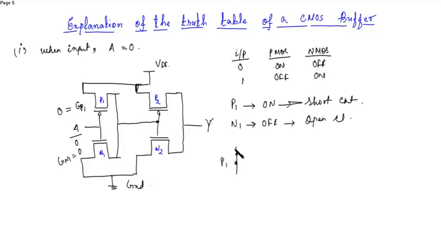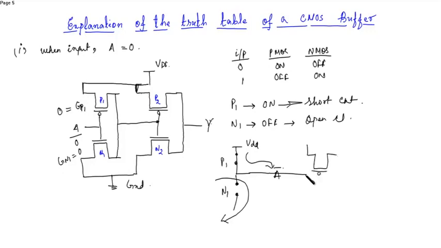If this is P1 and this is VDD, there is an open circuit from N1, so this part gets cut off, and at the output we get VDD at output A bar, which acts as input to the second inverter.